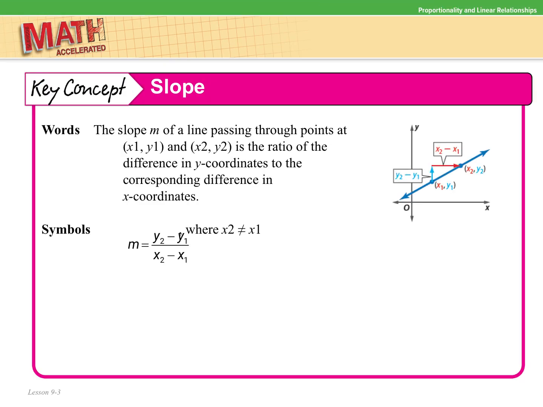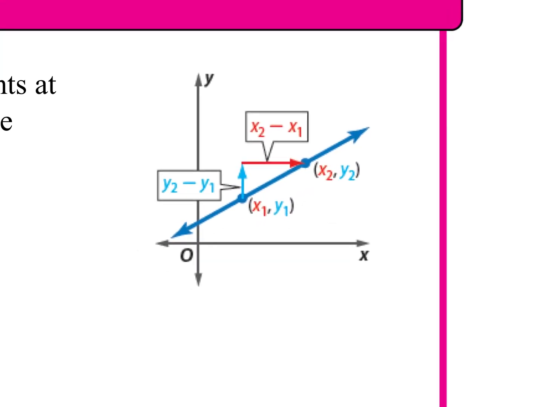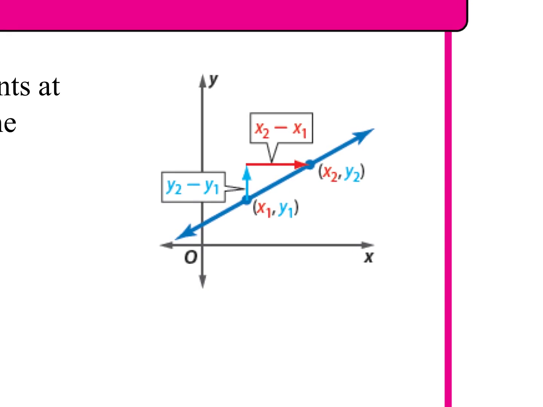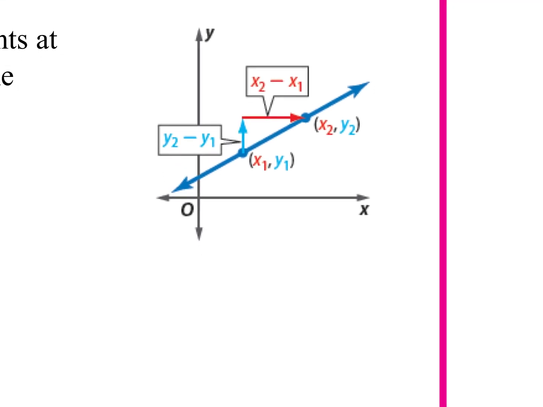So now let's talk about the logistics of slope. When dealing with graphs, what values do we care about? X and Y. What I want you to understand is I want y over x. Everyone write that down. Y over x.